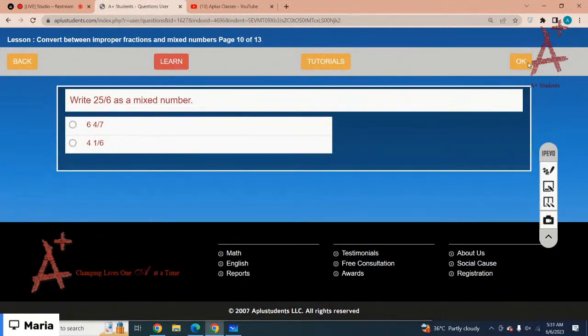Okay, write 25 by 6 as a mixed number. So which is the correct option? 6 times 4 is 24, and you are left with just one, so 4 whole 1 over 6 is the correct option.